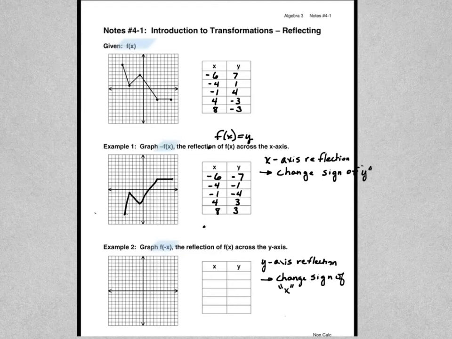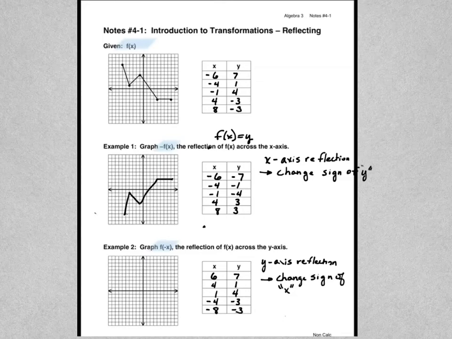So let's again compare this to the original, the one at the top of the page, not the middle one. Negative 6 is going to become 6, and our y is going to be back to a positive 7. Then we'll have a positive 4, 1, 1, 4, negative 4, negative 3. Again, the y's are the same, and the x's are the ones that are changing signs this time.